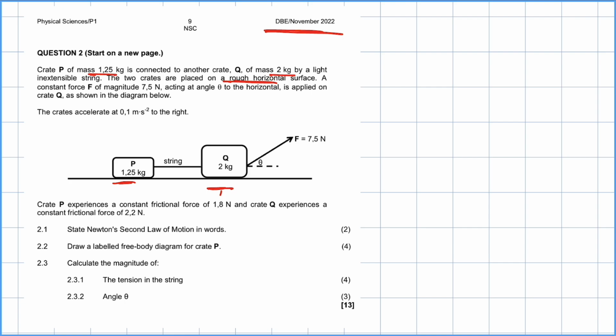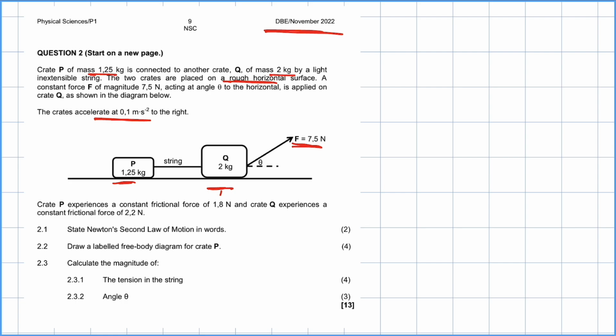A constant force F of magnitude 7.5 newtons acting at an angle theta to the horizontal is applied to crate Q as shown in the diagram. And we are told that the two crates accelerate at 0.1 meters per second squared to the right.